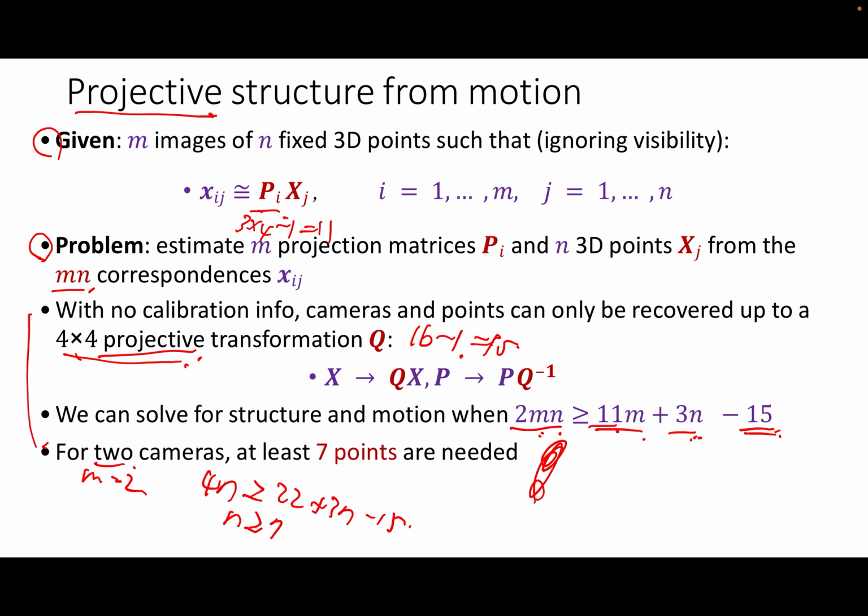So n should be equal to or larger than 7. In affine, we needed only 4 points, right? Because we use a stronger prior, we can use fewer observations. But in projective, we use less prior, so we need more observations. That is the reason why we need more points: 7 points, more than the 4 points in affine.